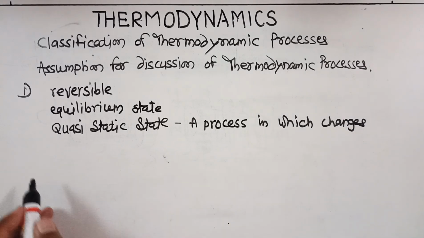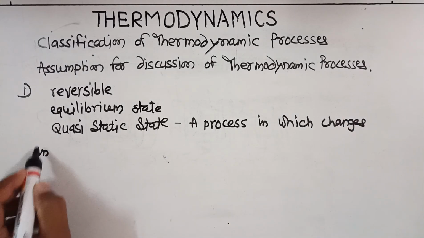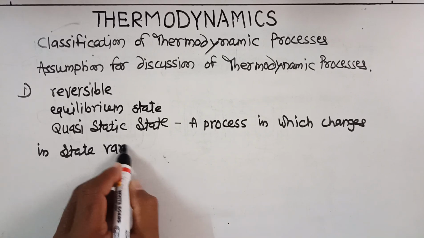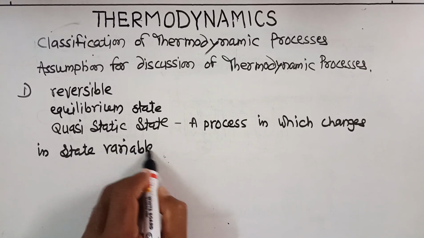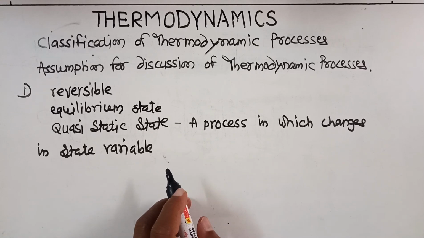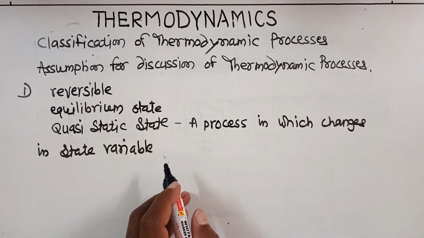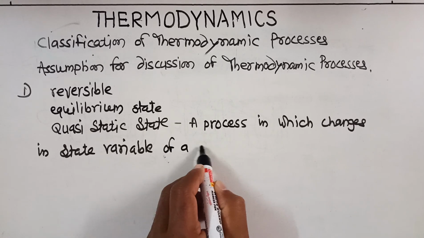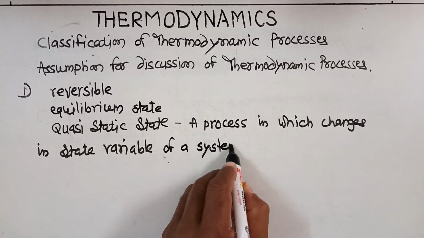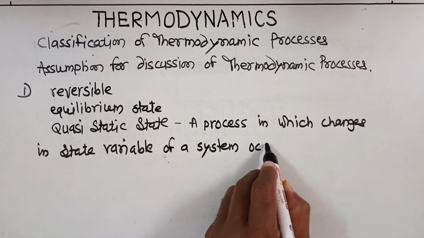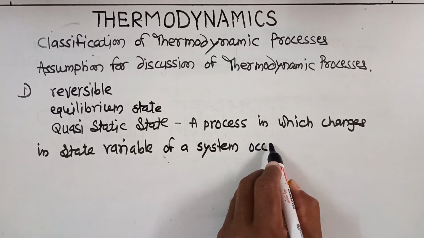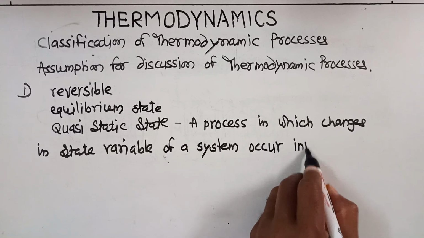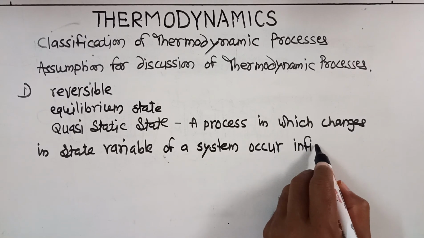changes in the state variables occur infinitesimally slowly. Which are the state variables? Pressure, volume, temperature.